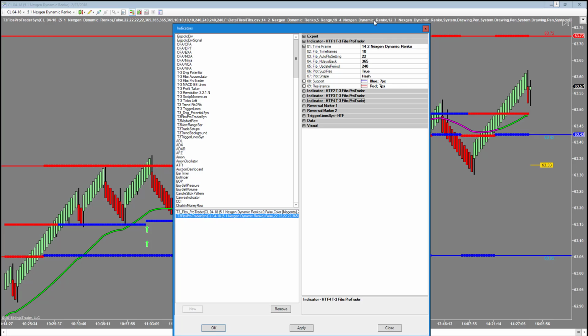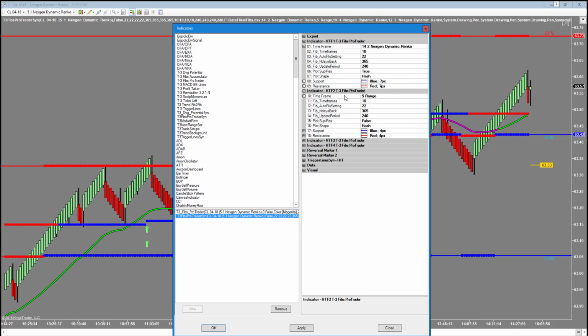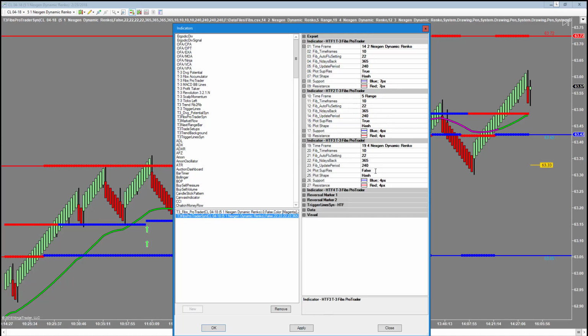So on this smaller chart, we can superimpose the 14-2 chart Fibonacci support and resistance areas. We can actually take our range bar chart, and if we wish to plot support and resistance, we can literally plot support and resistance from a bunch of different charts on top of a smaller chart.